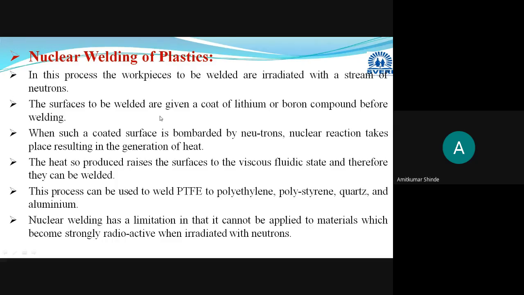The surface to be welded is given a coating of a lithium or boron compound before the actual welding process. A layer is provided on the surfaces we want to join with the help of lithium or boron. Generally the boron B10 isotope is used.